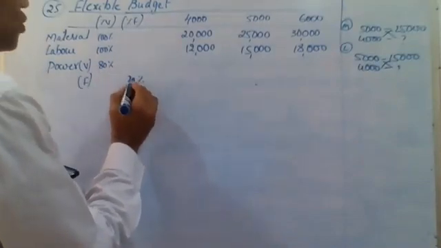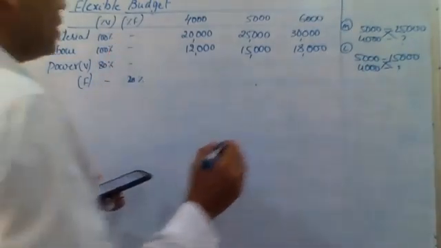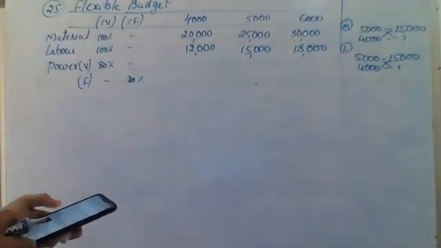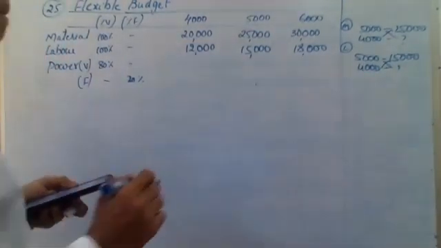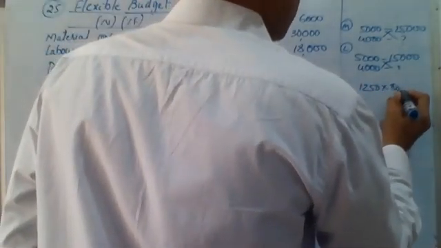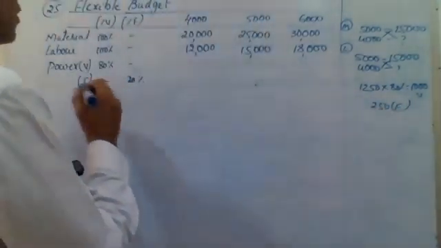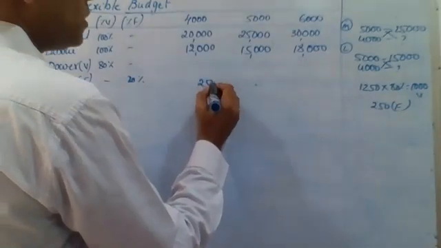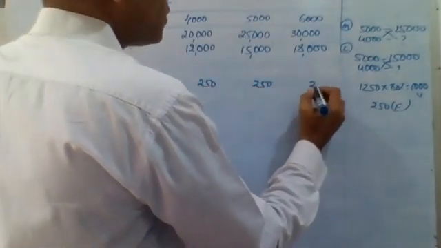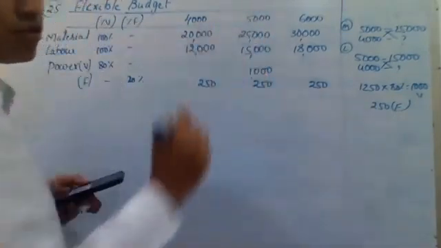Now, what is the figure he gave us? 1250. 1250 into 80% is 1000. So this is variable. So 250 rupees is fixed, but 1000 rupees is variable at 5000 units.